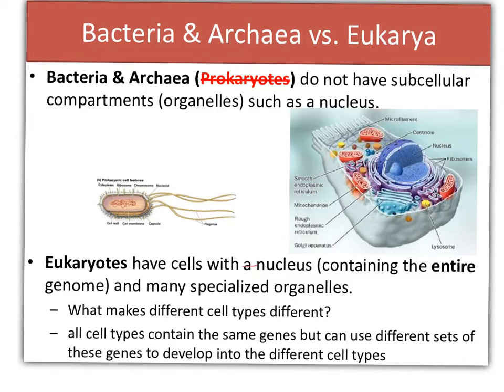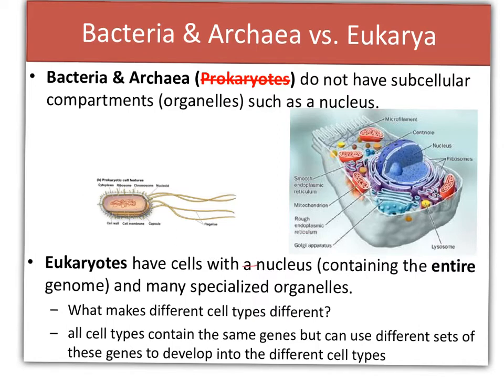But bacteria and archaea are really very different from each other. In fact, like I said, we're more closely related to archaea than we are to bacteria. So they used to call it prokaryotes because they didn't have a nucleus. Now we just call them bacteria and archaea.